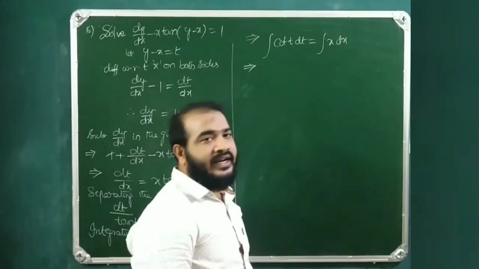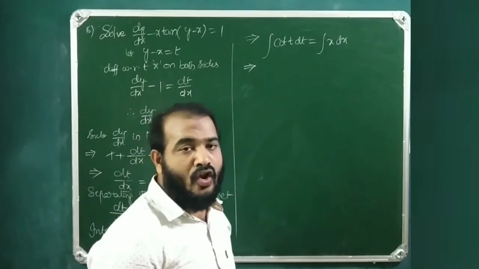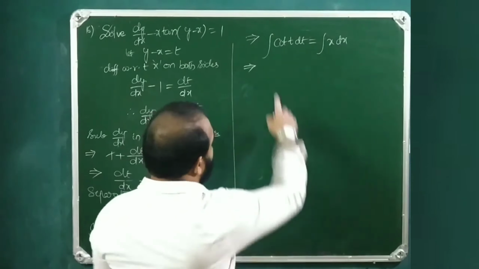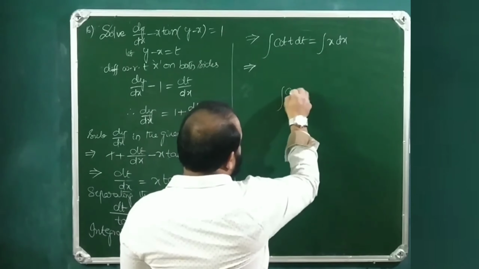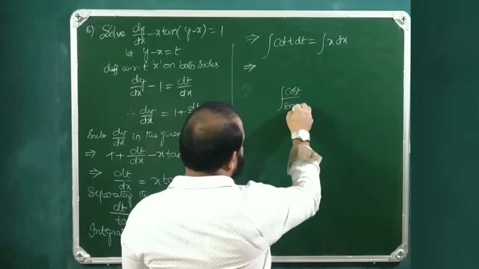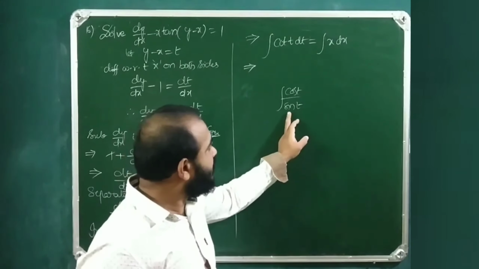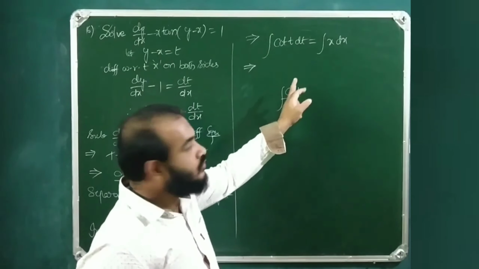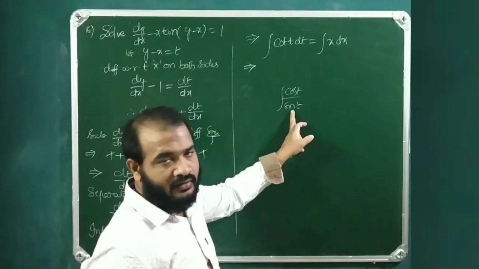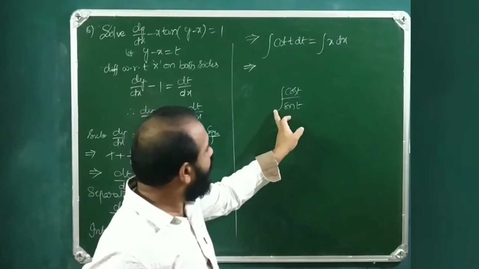Integral cot t dt is log mod sin t, because cot is cos by sin. Sin t is f of t, its derivative is f dash t, so f dash t by f of t gives log f of t, so log sin t.